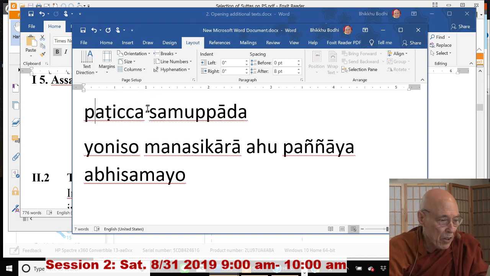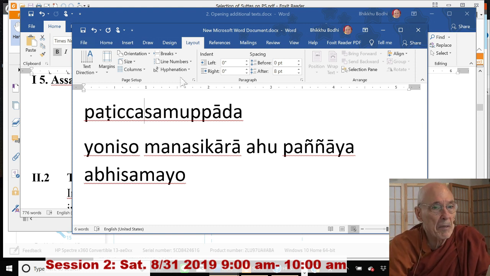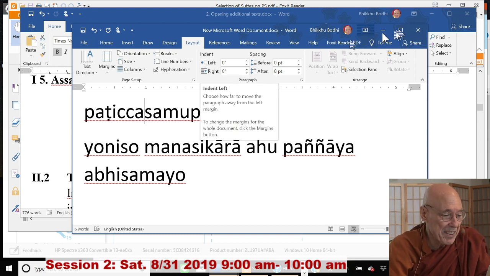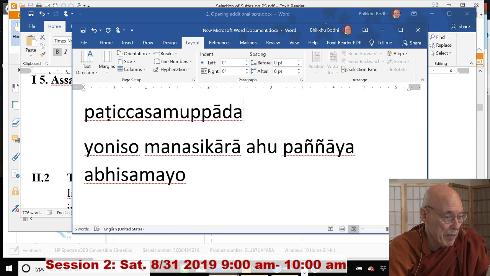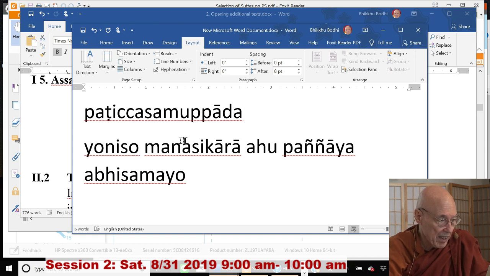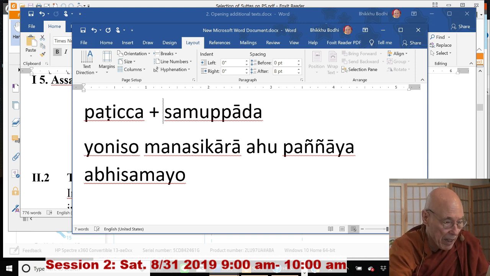Okay, so this long Pali word, which is translated as dependent origination, is what we call a compound made up of two words, paticca and samuppada.